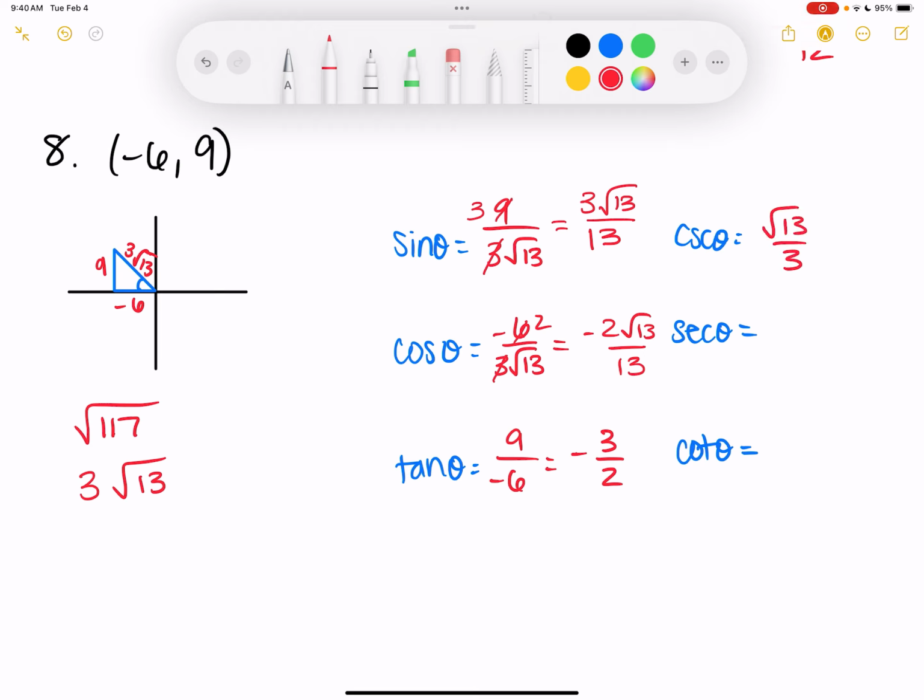Secant, 3 square root of 13 over negative 6, or root 13 over negative 2. I would use the original thing, but if you've reduced a number like the 6 and the 3, I would just use the reduced form so that you're not having to do any more reducing.